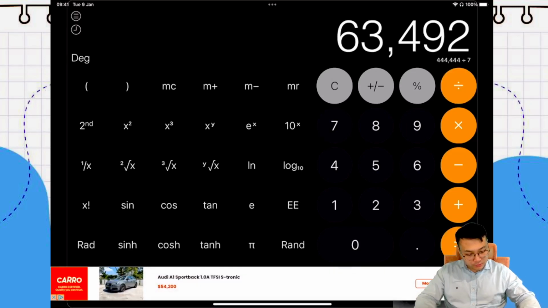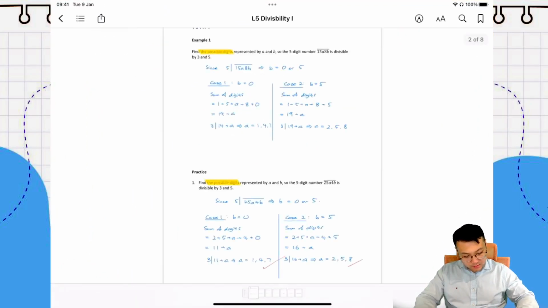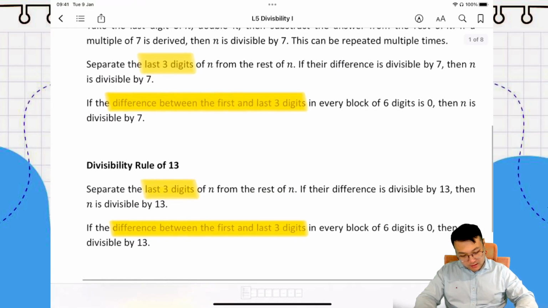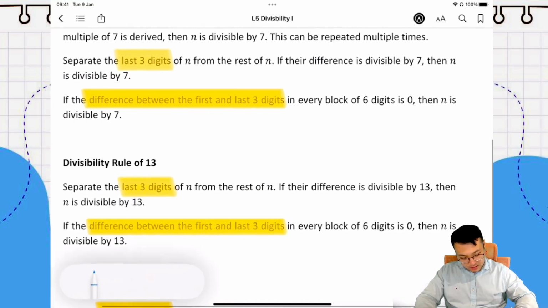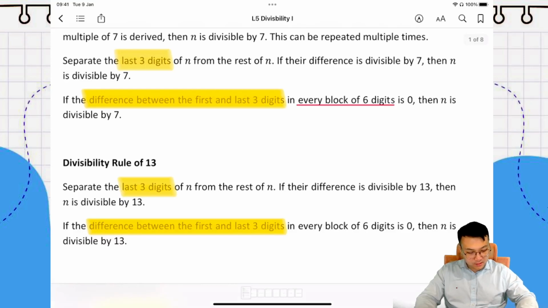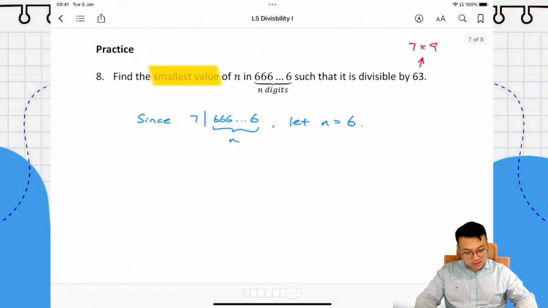Look at the rule. The rule is in front, right here. On the very first page, we already said that every block of 6, can you see this? Every block of 6 can be divisible. You understand? So 666,666 is divisible by 7.